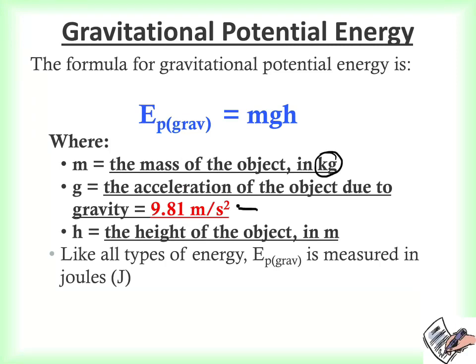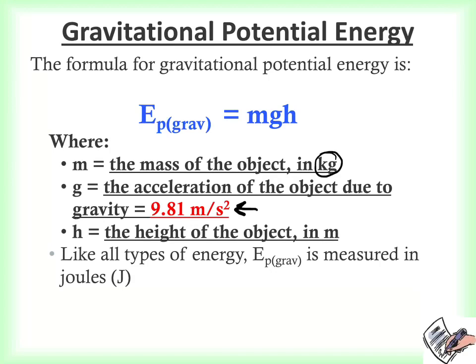This 9.81 here, that's basically if you were to fall, right? If you were to trip and fall, you would accelerate towards the ground at 9.81 meters per second squared. You're going to do that as long as you're on Earth. That's just how fast your rate of acceleration is towards the Earth, okay?